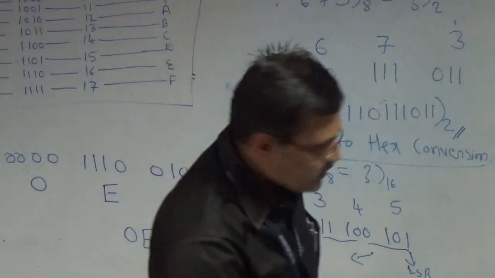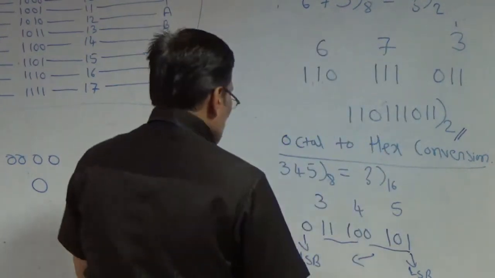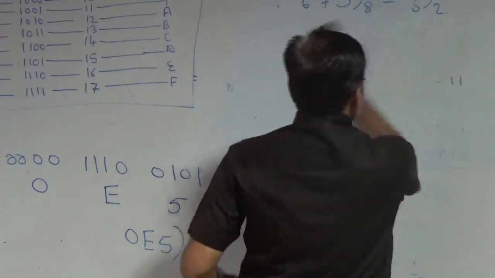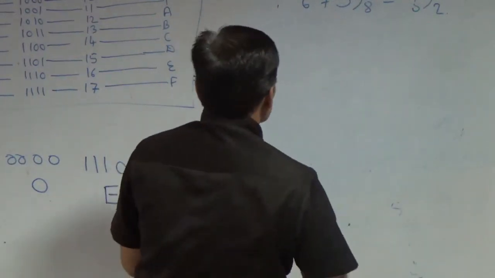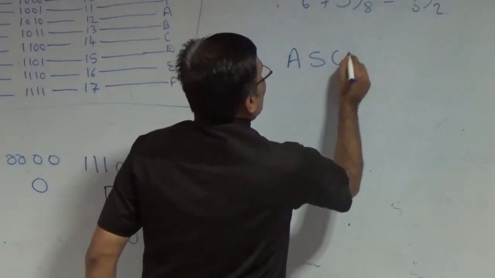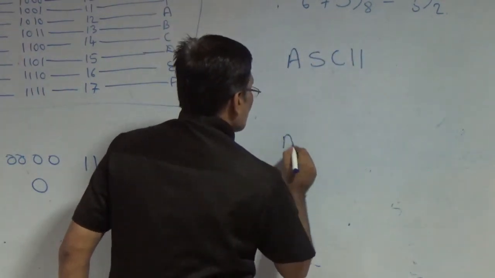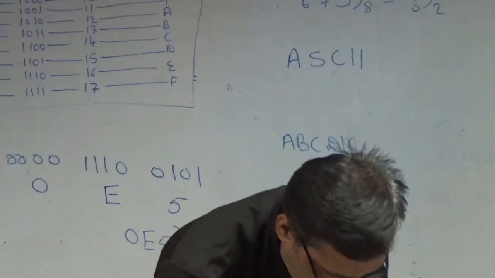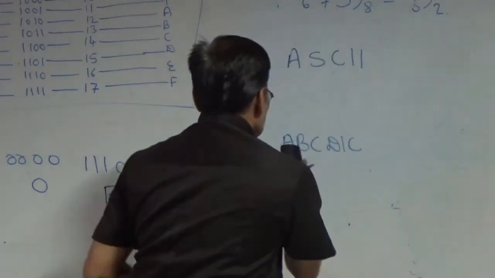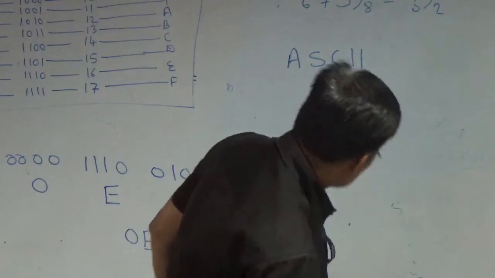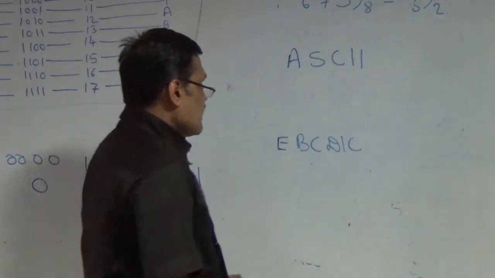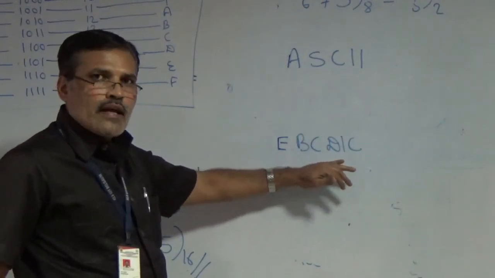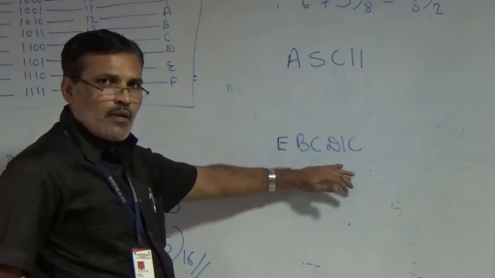Apart from that, there are different kinds of codes. Amongst them, the first one is ASCII, and the next one is EBCDIC. These are the standard binary codes exclusively used for data representation in our computer systems.